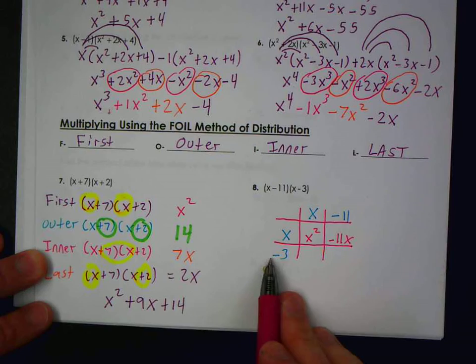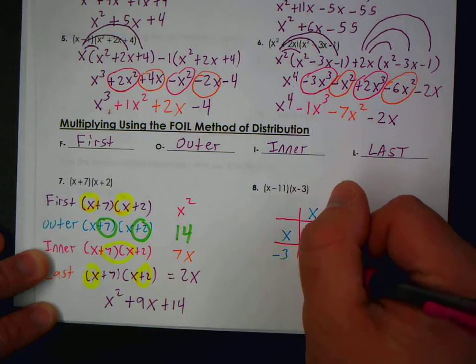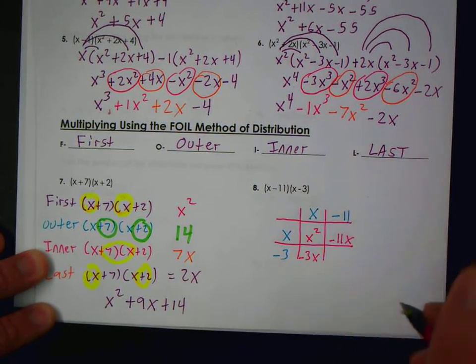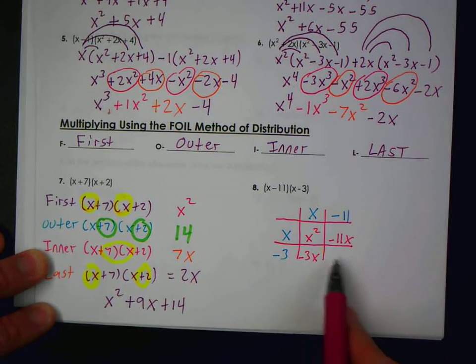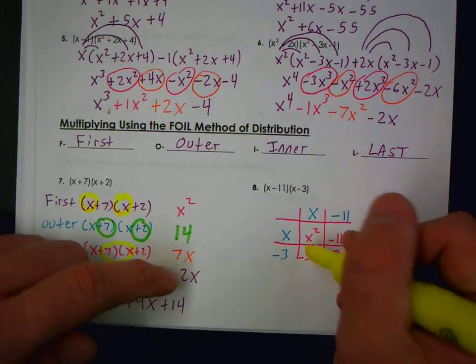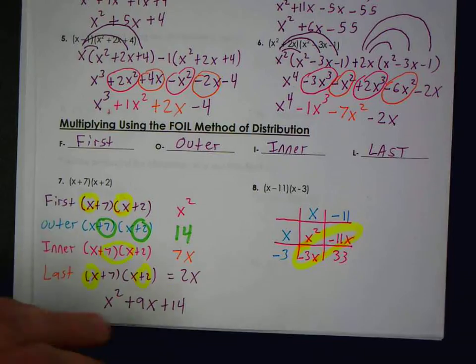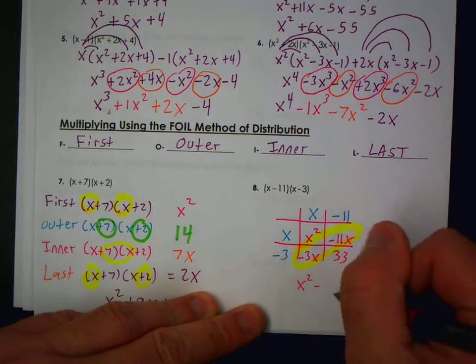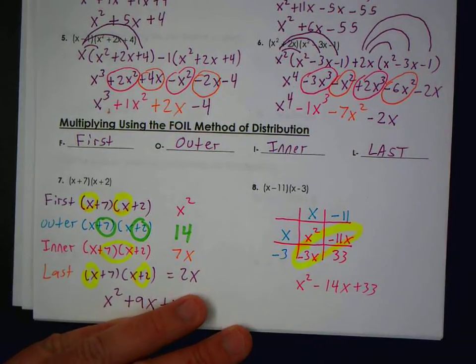This term is whatever this way times this way is, so x times negative 3. And then this term would be negative 11 times negative 3, which is 33. Usually these combine, which they do. And you get x squared minus 14x plus 33. That's called the table method.